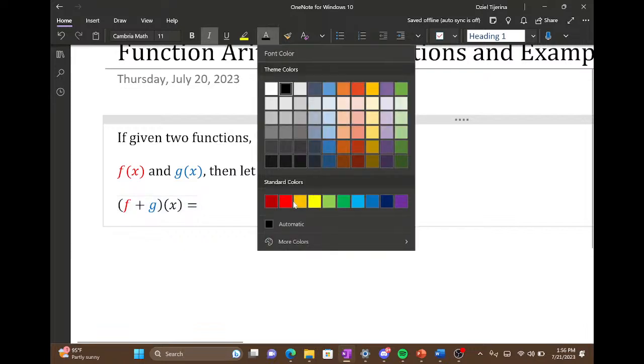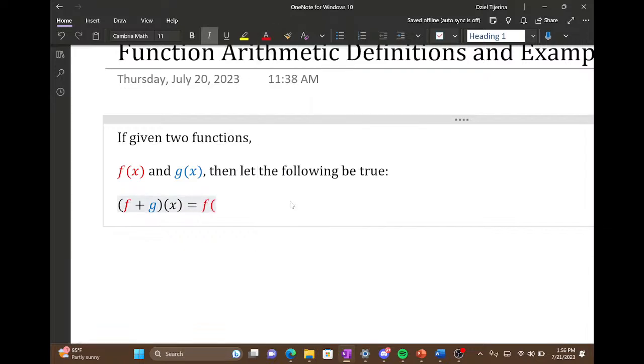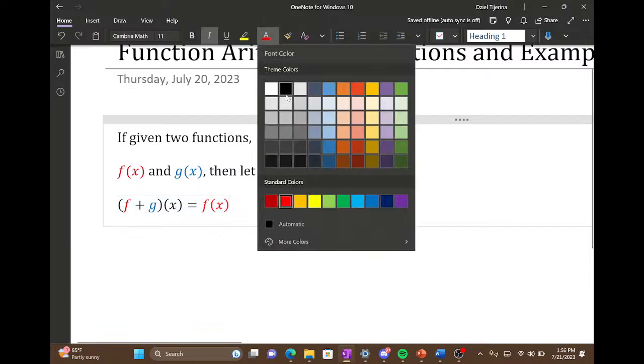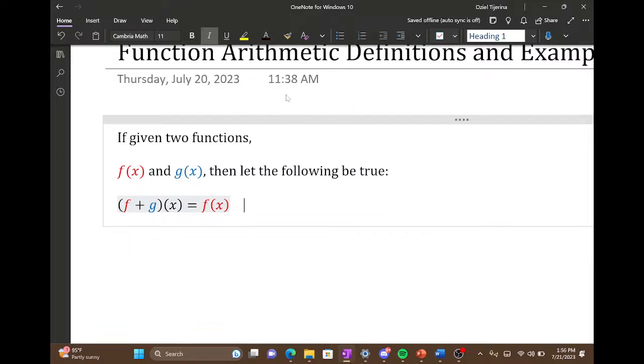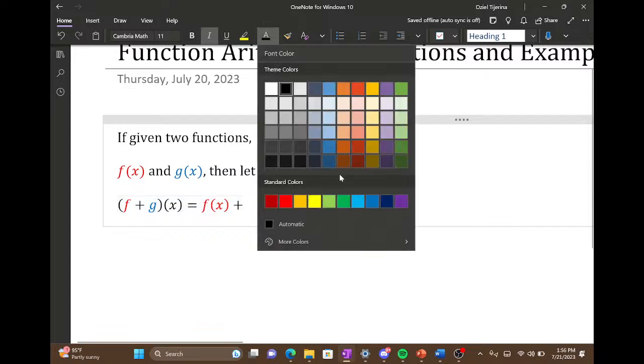It's going to be f of x plus g of x. That is the idea that I want to put out there.